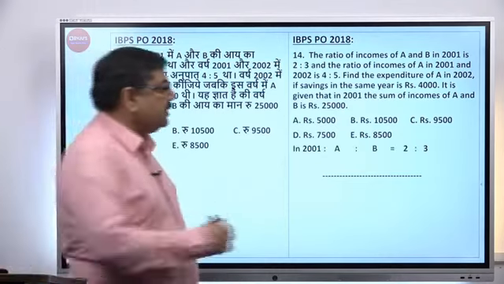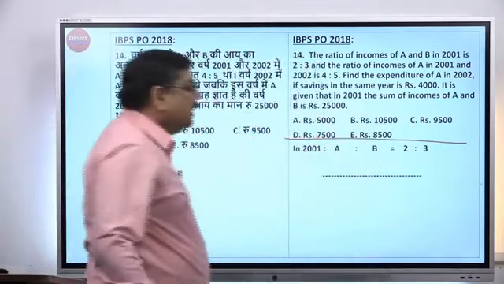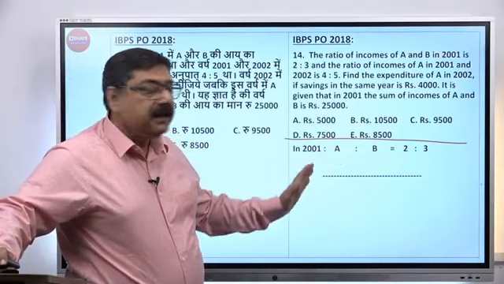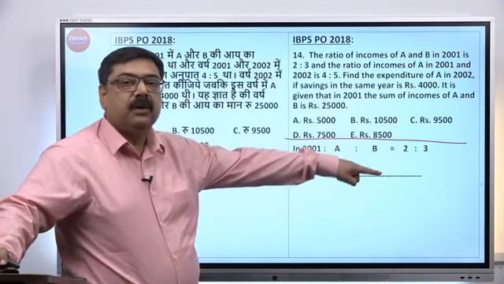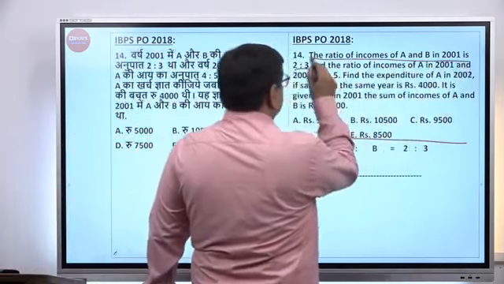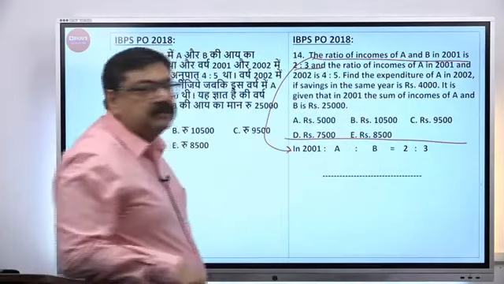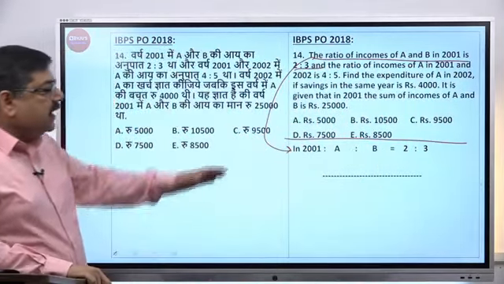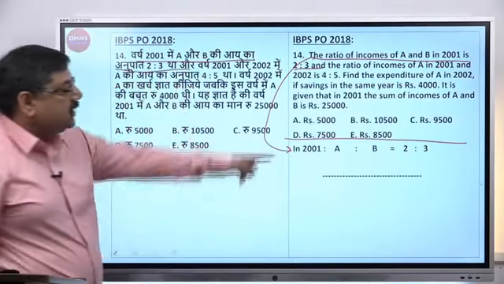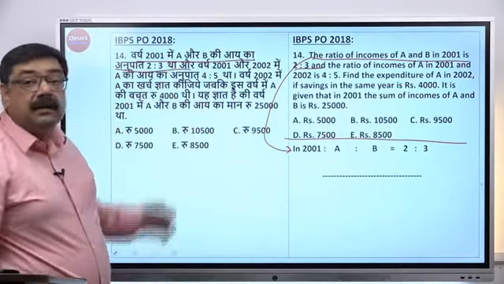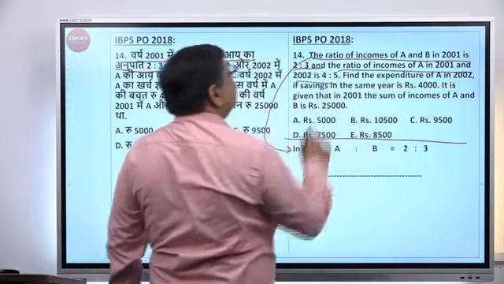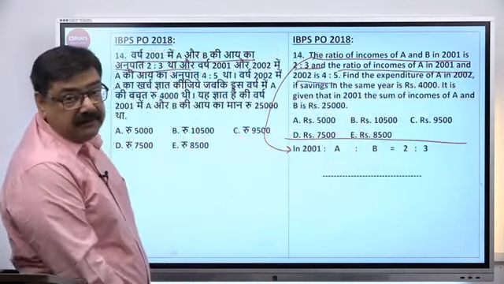So what is given to us in 2001? See, we're starting here. In 2001, the ratio between the incomes of A and B is given to us as 2:3. This statement I have taken here। अगला वाक्य देखें, and the ratio of incomes of A in 2001 and 2002 is 4:5.